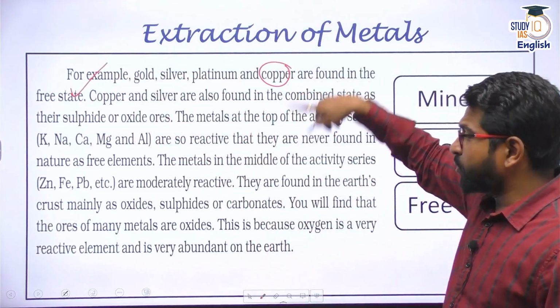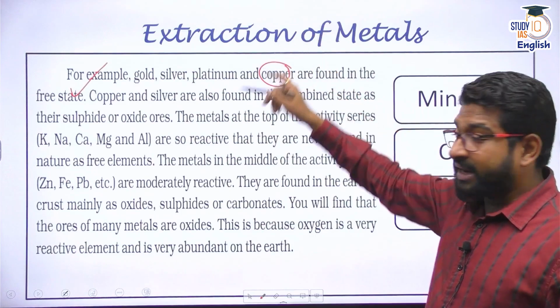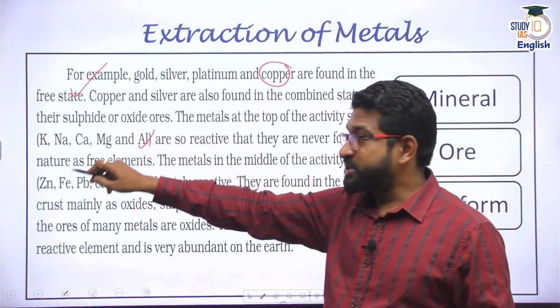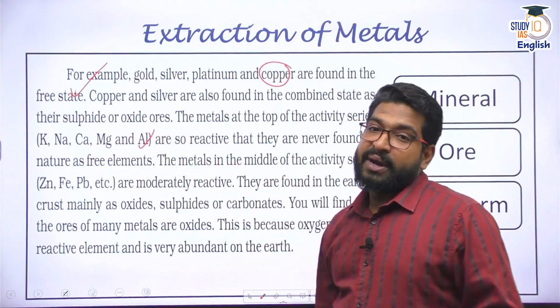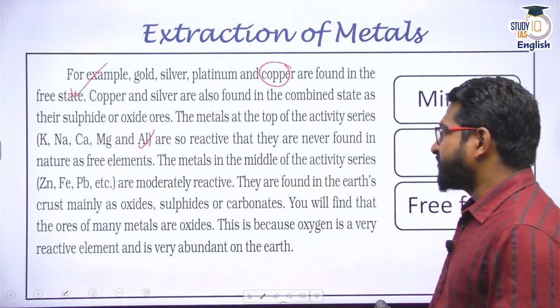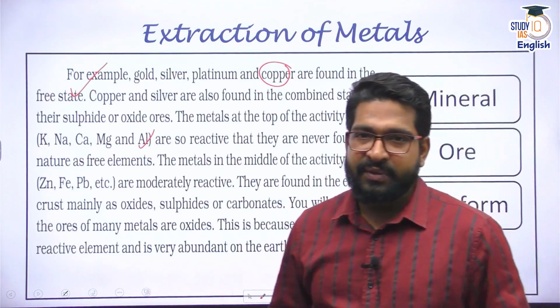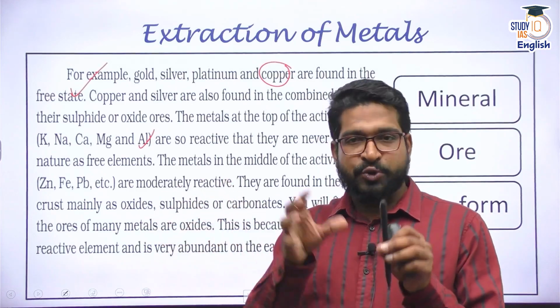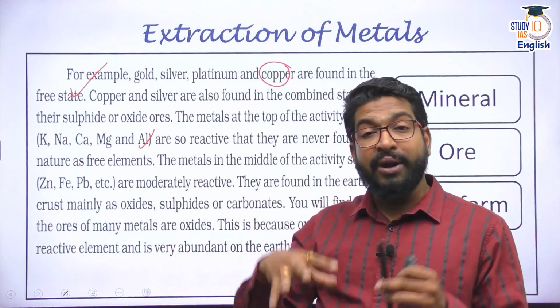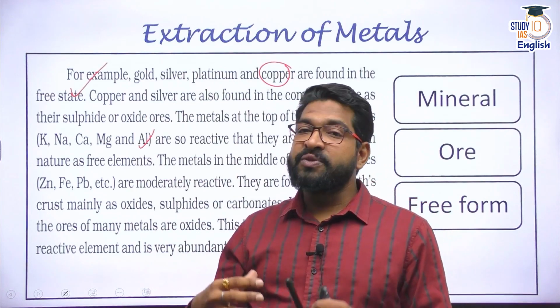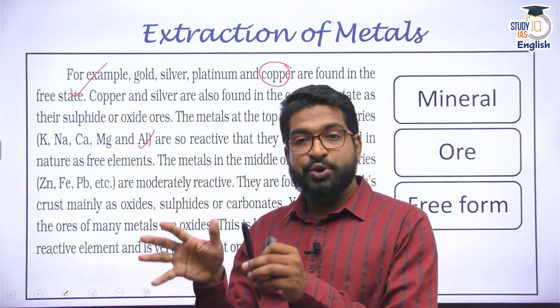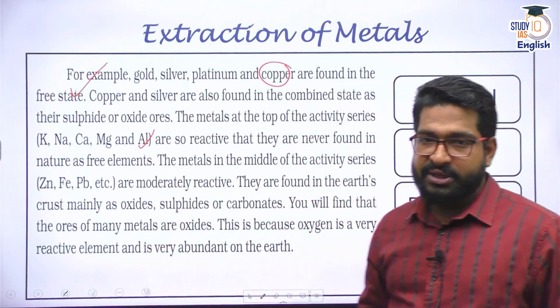I find in ores the metals at the top of the activity series, like potassium, sodium, calcium, magnesium, etc. These are in mineral forms, and they are never found in free form. They are found in the form of salts in minerals which are dissolved in water, or they can also be found in different ores, the solid ores in the earth's crust, which can be exploited, right?